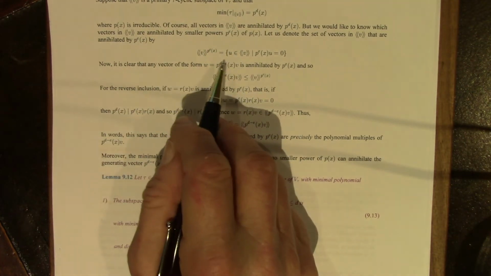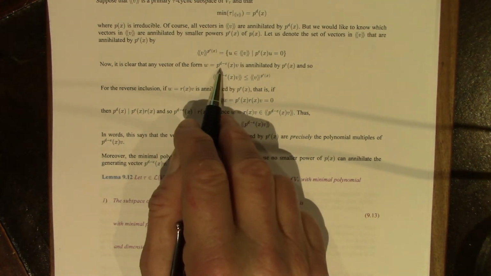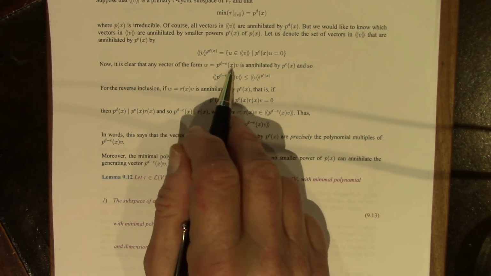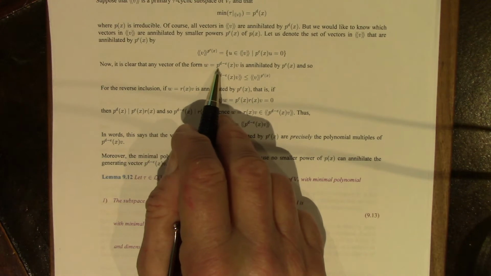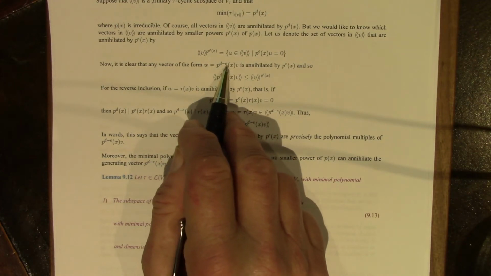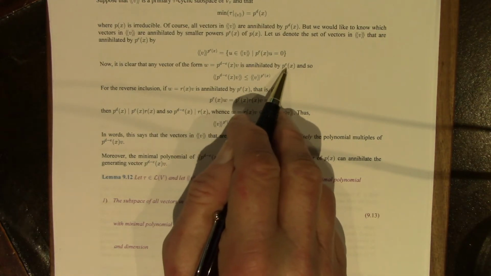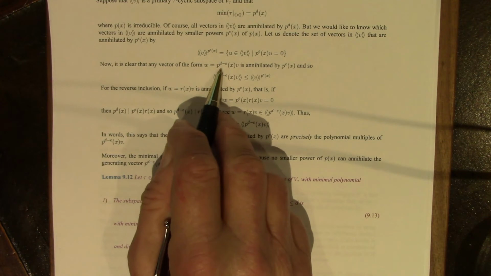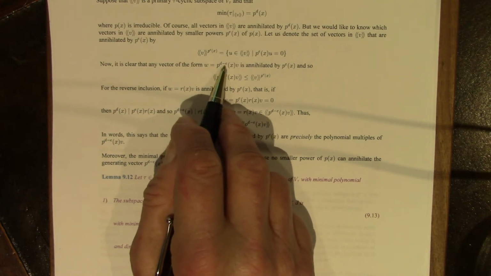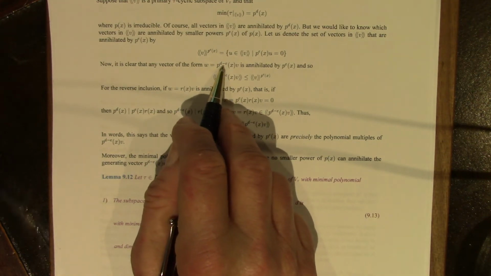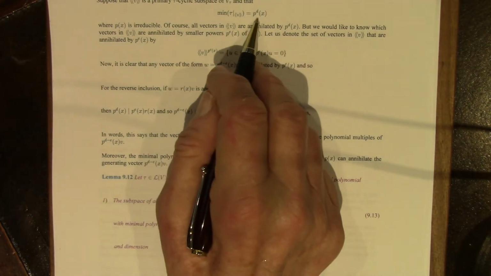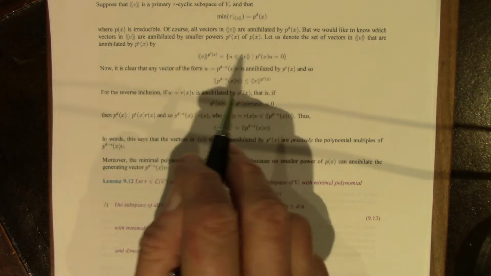It's certainly clear that any vector that has the form p of x to the d minus e applied to the generator v will be annihilated by p of x to the e, because that will bring this exponent all the way up to d, which is the minimal polynomial.